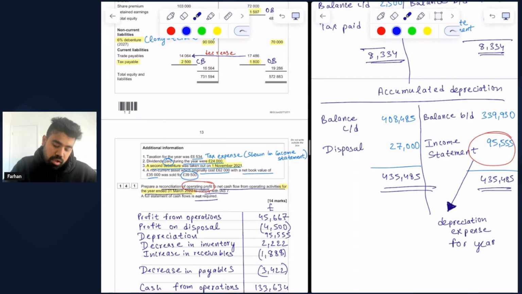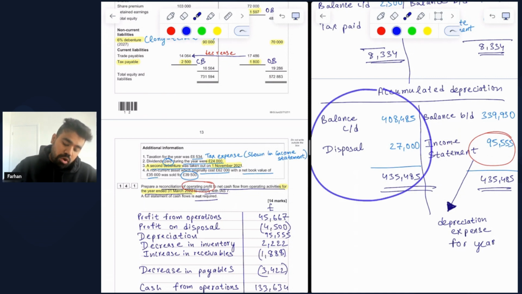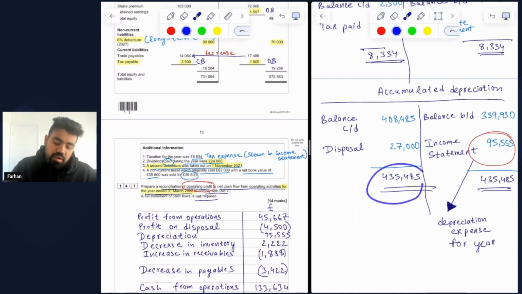So the disposal of £27,000 is what we have shown on the debit side for the asset that we sold. Then we have to balance this account and arrive at the amount for depreciation expense. The heaviest side is the debit side, and we have found the total of £435,485, which must be the total on the credit side to be balanced based on the fundamental rules of accounting.